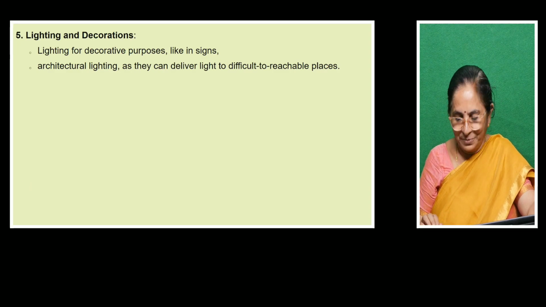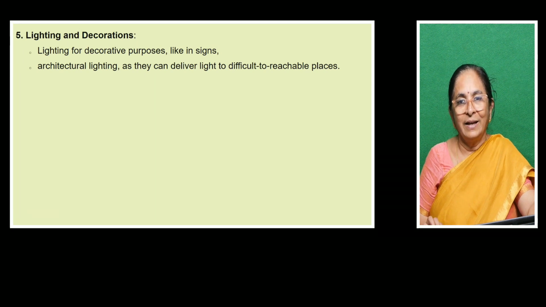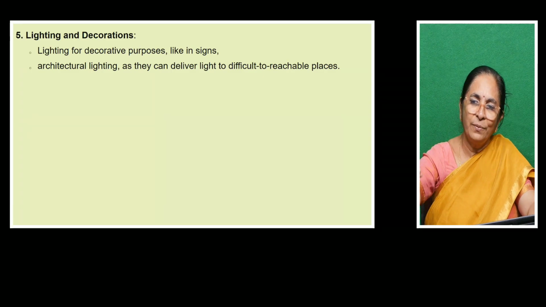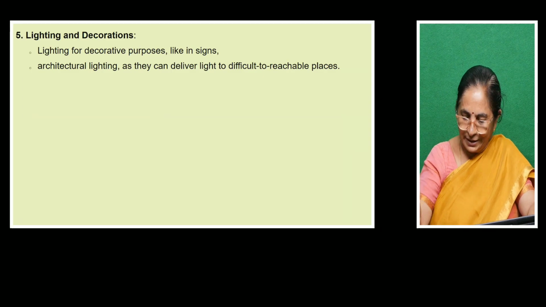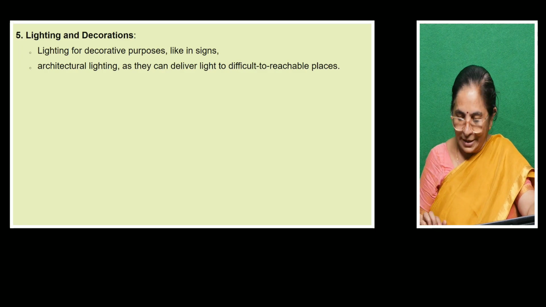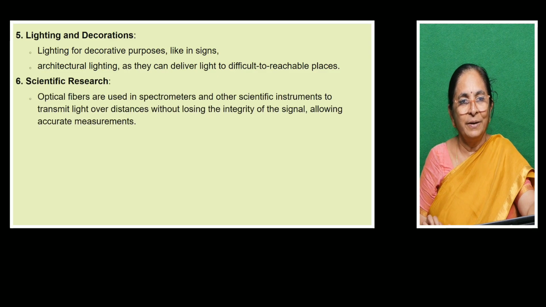So for decoration purposes, then architectural lighting, as they can deliver light from difficult points to reachable places, because suppose there is an inaccessible place, if you want to send the light through the optical fiber, you can send. So that unreachable part also can be illuminated. That way it is very much helpful for architectural lighting.